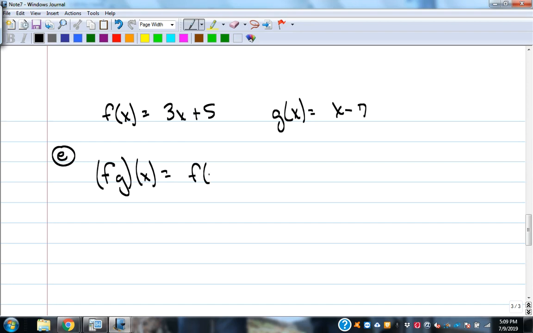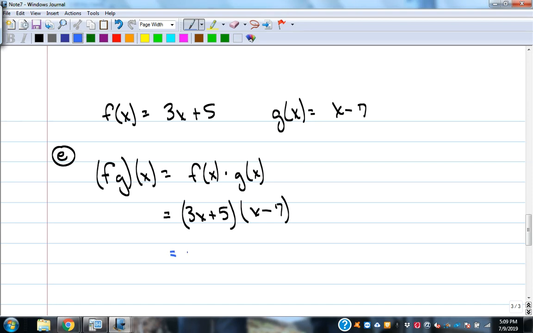That means f of x times g of x. This is multiplication. Okay, we're multiplying two functions together. 3x plus 5, I'm going to use parentheses, and then x minus 7. We did this in 100. It's just the distributive property twice.